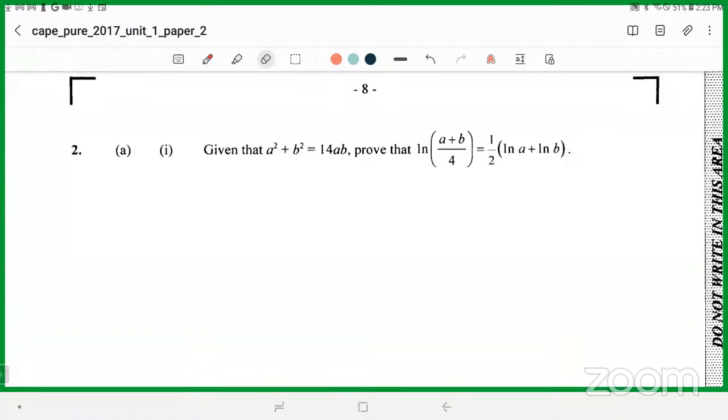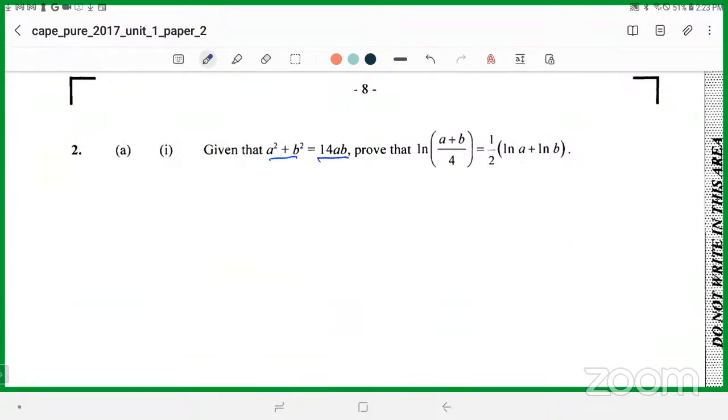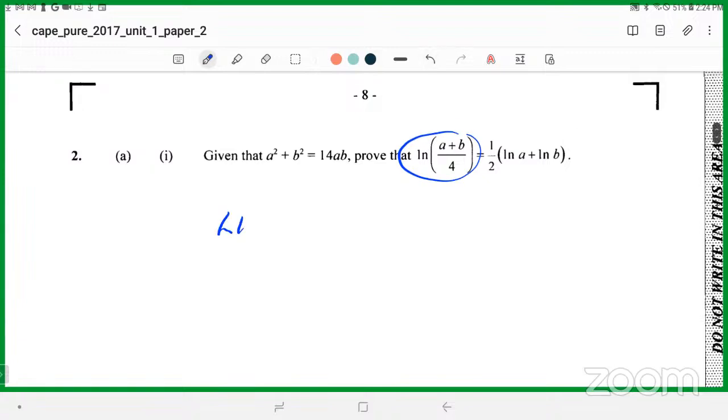So it's a similar question to one that we did yesterday. Very similar. Given that this equals that, prove that this equals that. So starting with this as the left-hand side, I must prove the right-hand side from it, using these things. So the left-hand side is equal to ln of a plus b over 4.